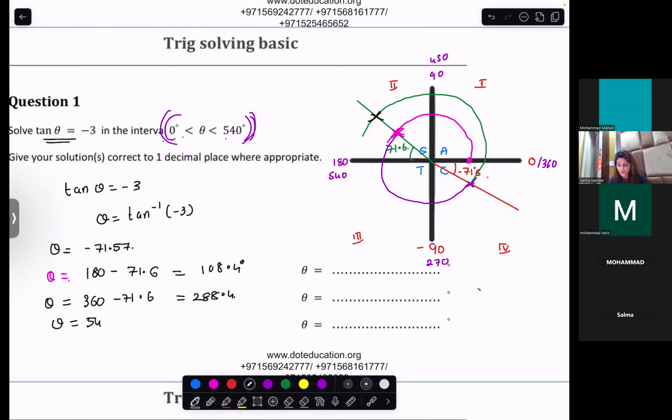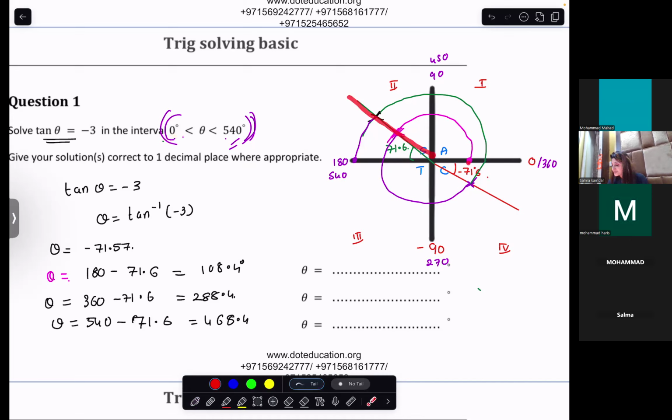Very good. So, it's going to be 540 minus 71.6, which makes it 468.4. Should I go ahead because I want up till 540? I'm going ahead. I'm stopping over here. It's over because I want everything between 0 to 540.